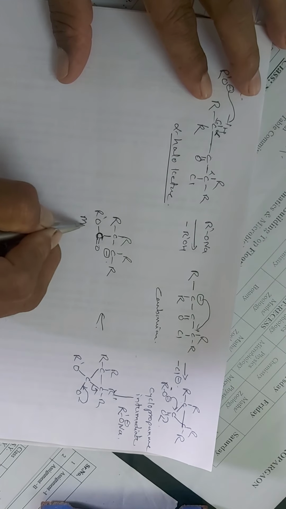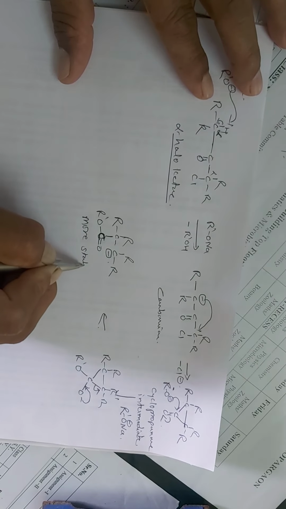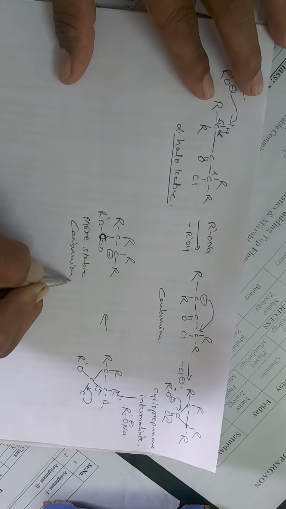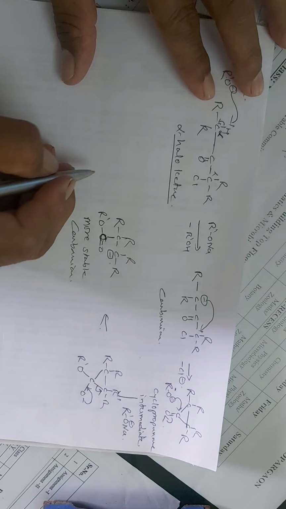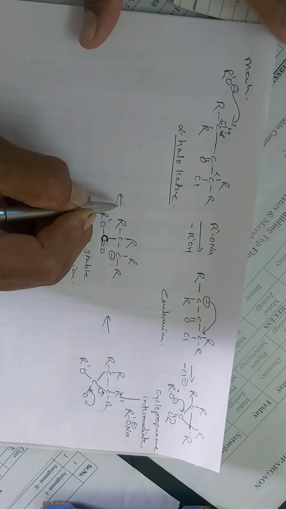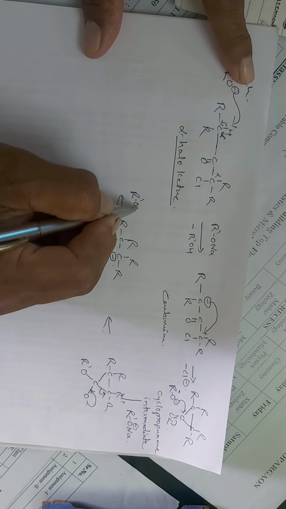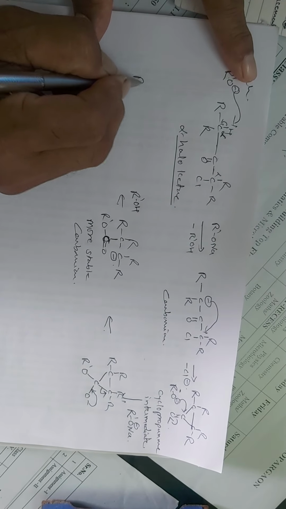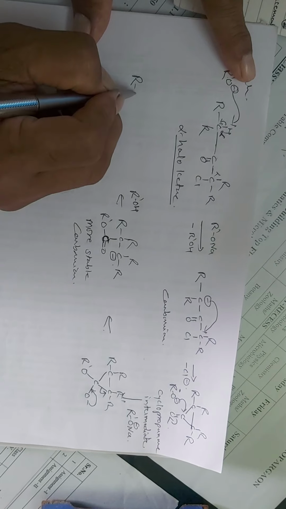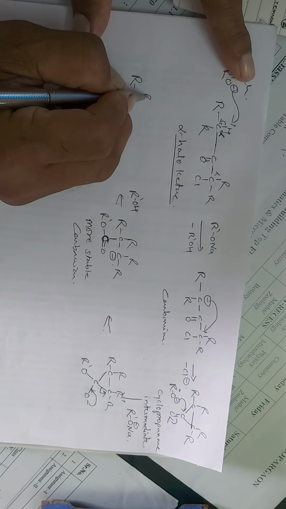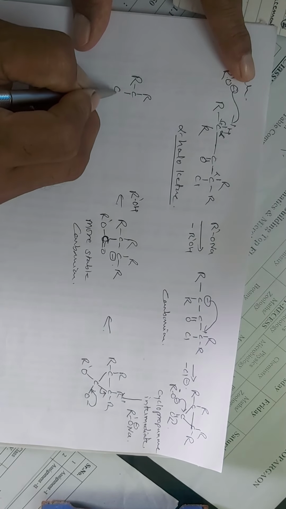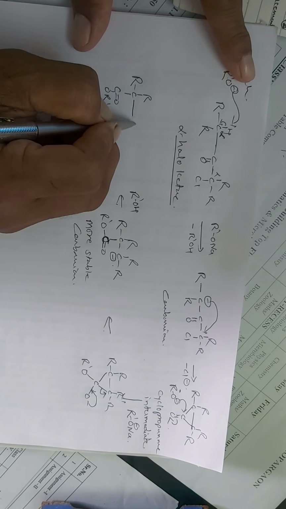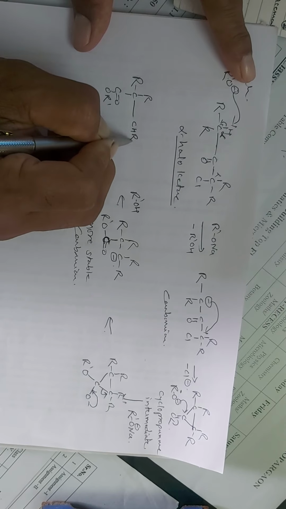This more stable carbanion is obtained, and it further abstracts a proton from the solvent, and you get the formation of the ester molecule, RCR-C(=O)OR' with CHR2.